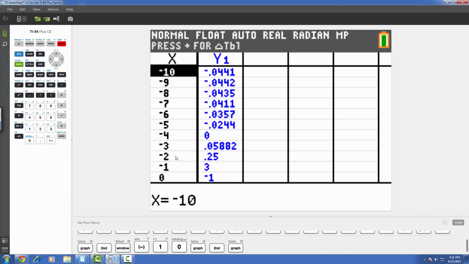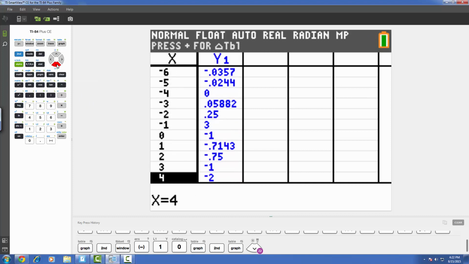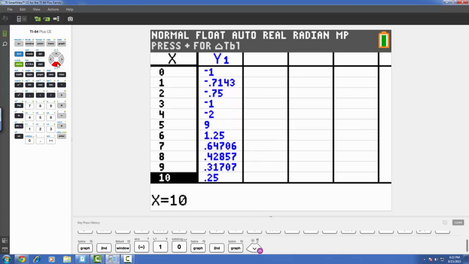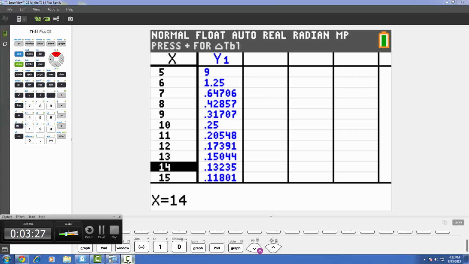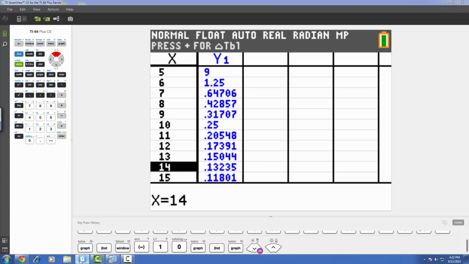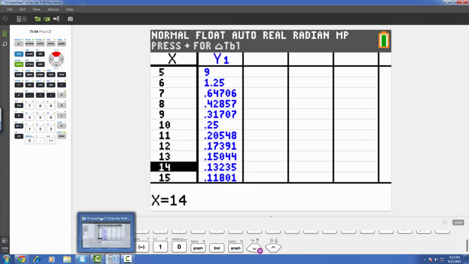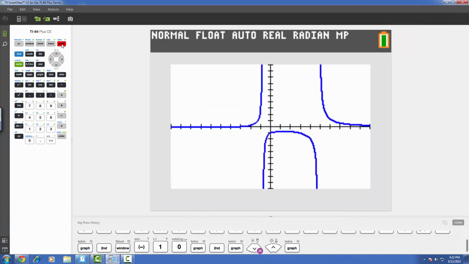Those would be our following values for our table, so you can jot these down. And if you wanted to see your other ones, you would just hit this down arrow. There you can see some of those in between and after those other vertical asymptotes. I'm just going to pull up the image so you can see that one more time.